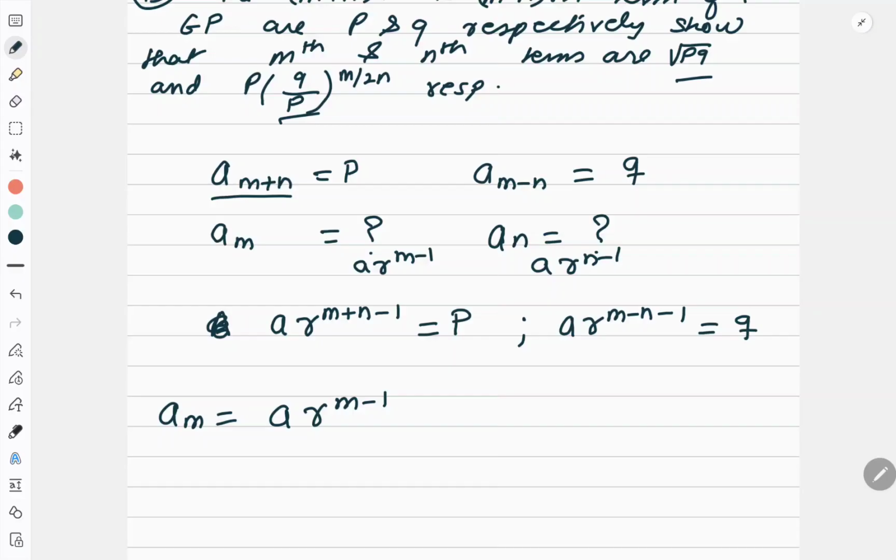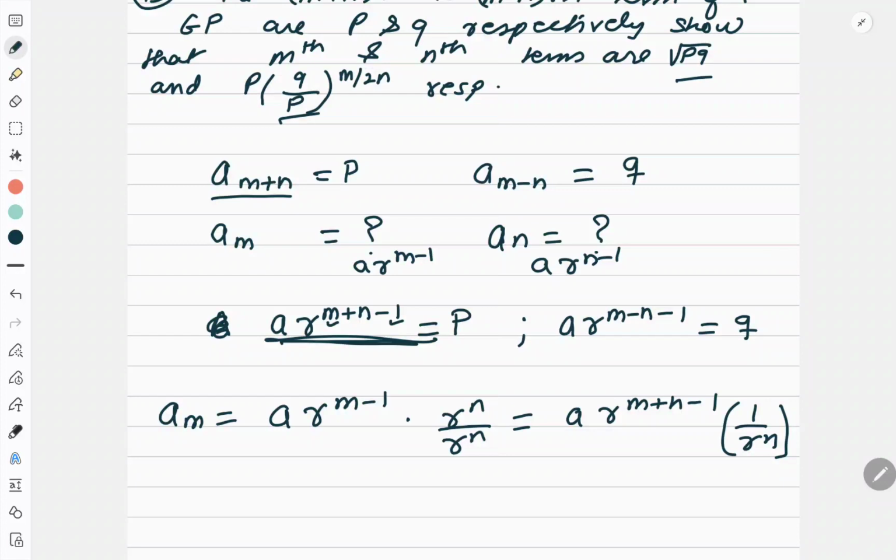Now, I need to take the value from this expression. m minus 1 is there. What is not there? This n is not there. So, can I do r to the power n upon r to the power n? Yes, this will convert it to a r to the power m plus n minus 1 into 1 upon r to the power n.